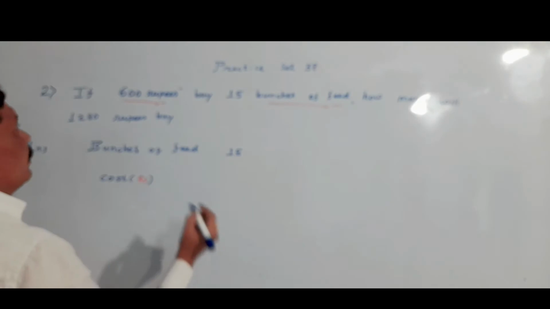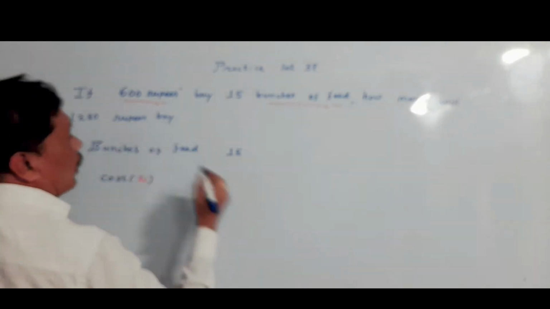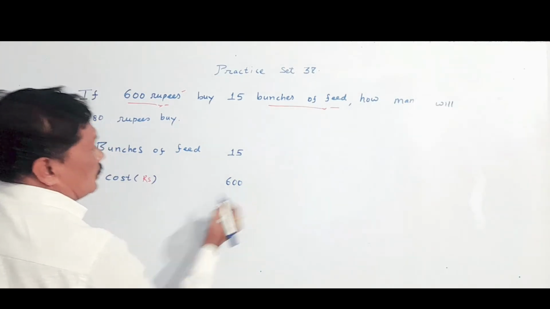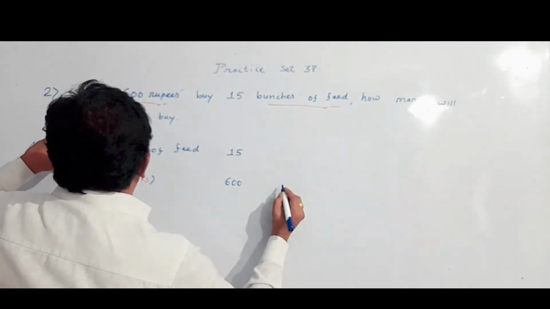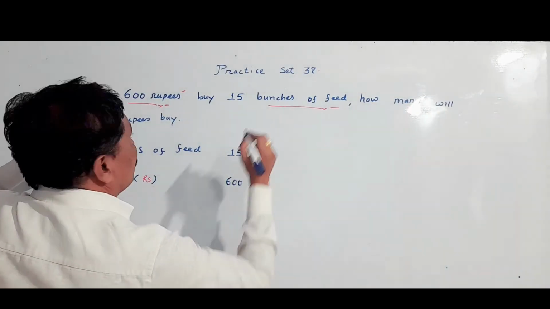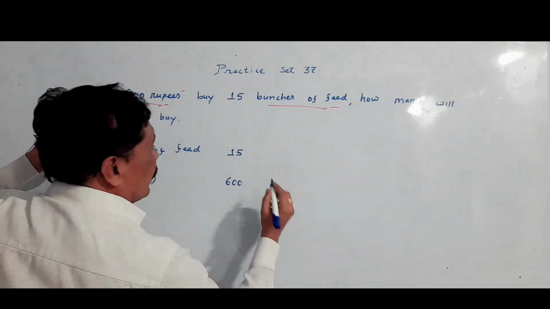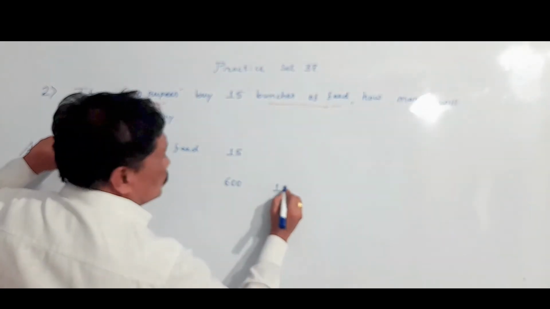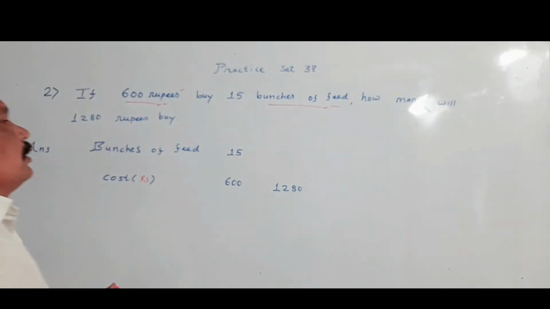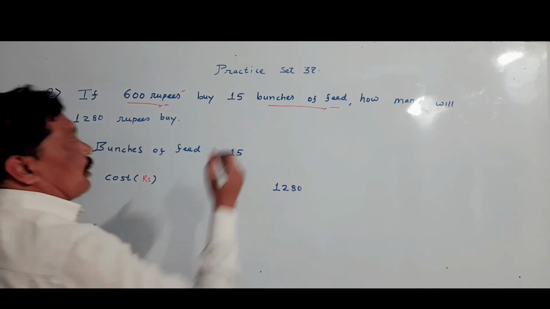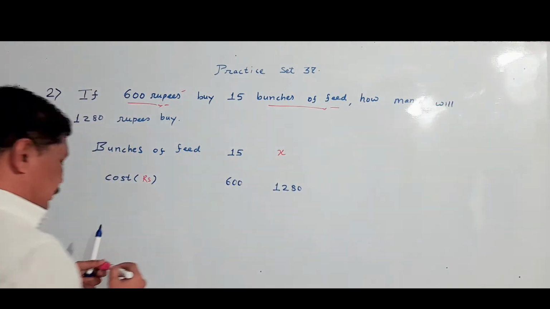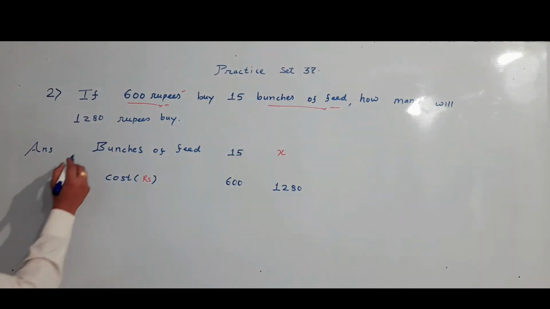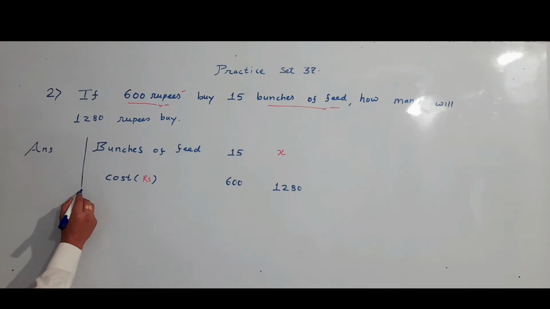15 bunches of fodder cost 600 rupees. Then if the cost of the bunches of fodder is 1,280, find out the number of bunches of fodder, x. We will put this in the form of a table.